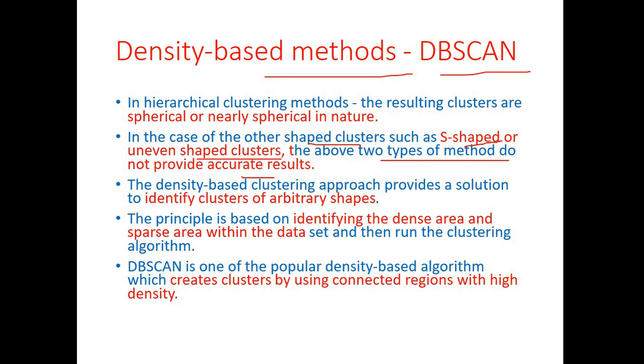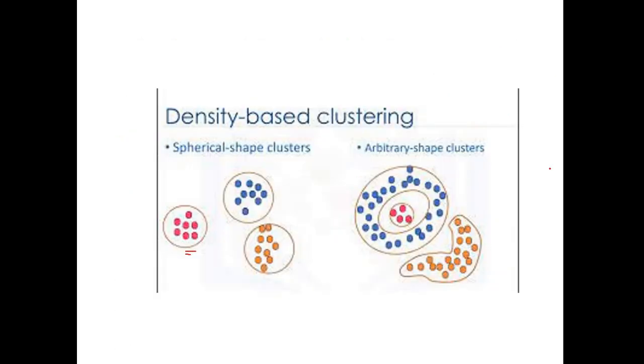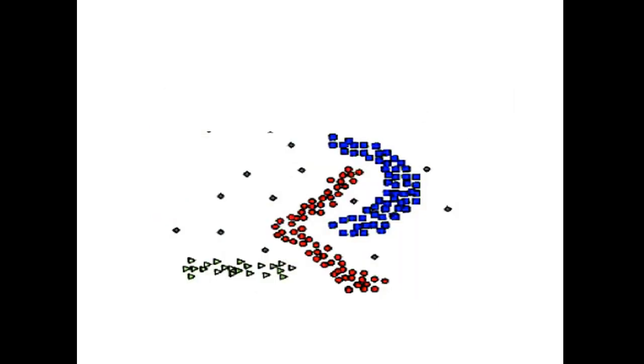Therefore, we go for density based clustering techniques to provide a solution for arbitrary shape clusterings. For example, this is one type of arbitrary shape cluster. This is another arbitrary shape cluster in the given data set. This is also another arbitrary shape.